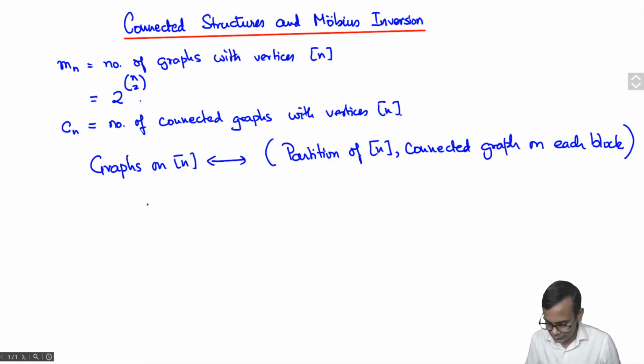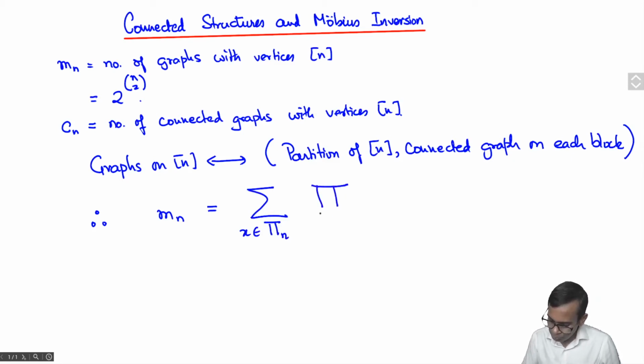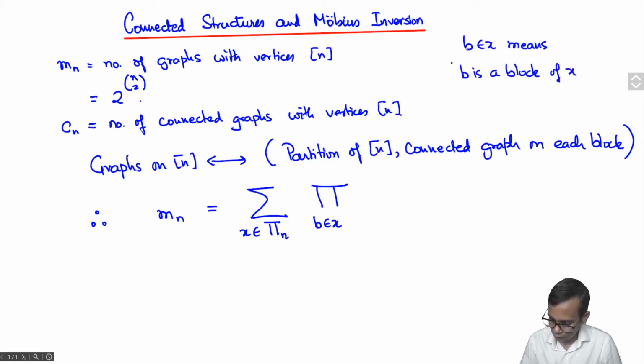And so what we get is that M_n is equal to the sum over all set partitions X of n, of a product over each block B belonging to X, where B belonging to X means B is a block of X. On each block I can independently put a connected graph structure, so you look at connected graphs on the elements in the block, and that only depends, of course, on the size of the block.